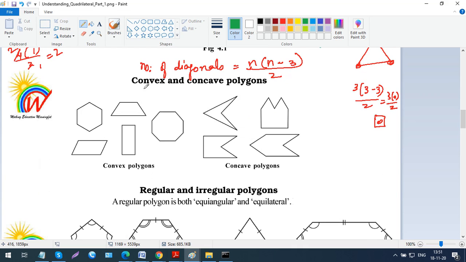Okay, now convex and concave polygons. When I say convex, see, if I talk about a shape like this, this side is called convex. Let us talk about a spoon, so I'll explain what is convex.